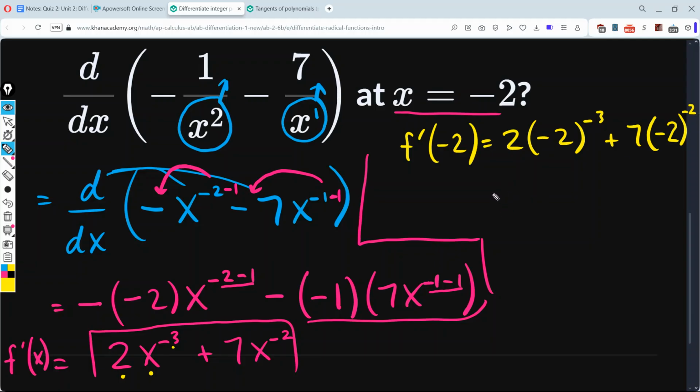Now I'm going to do this manually, not on the calculator. So we have 2. If we take this and shift it into the denominator, it changes the plus-minus sign on the exponent. Instead of to the negative 3, now it's to the positive 3. Plus 7, and same thing: negative 2 is to the negative 2.